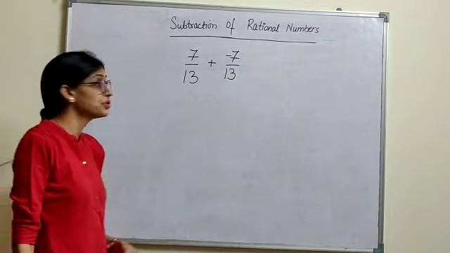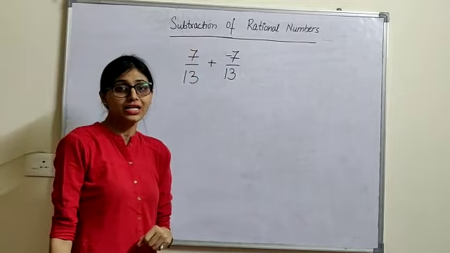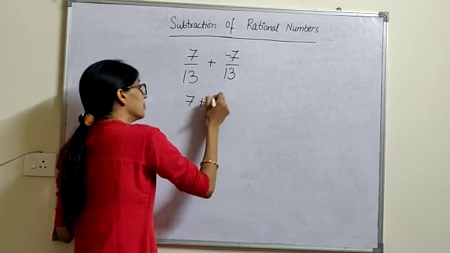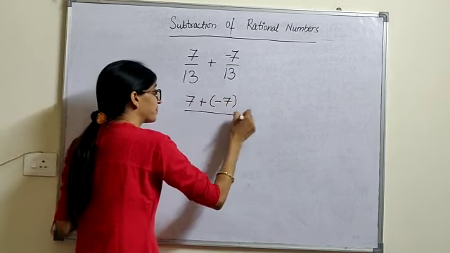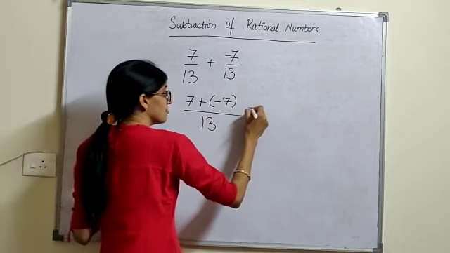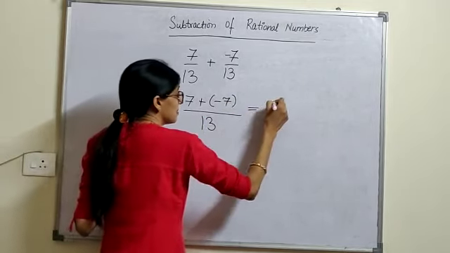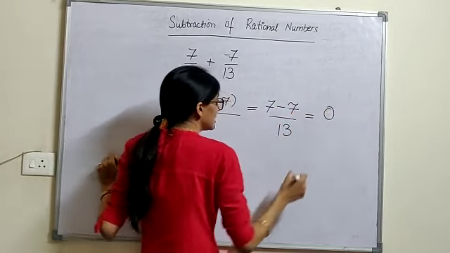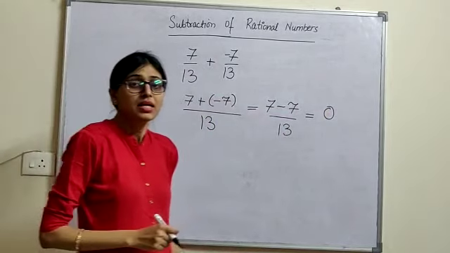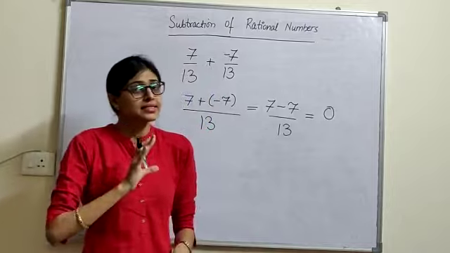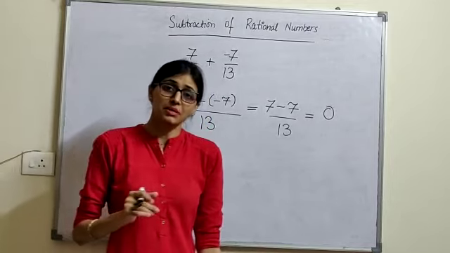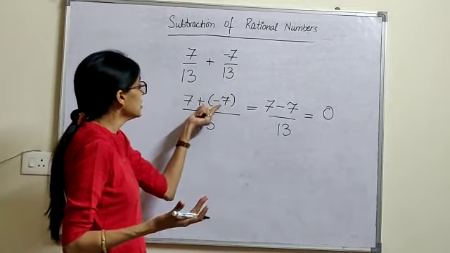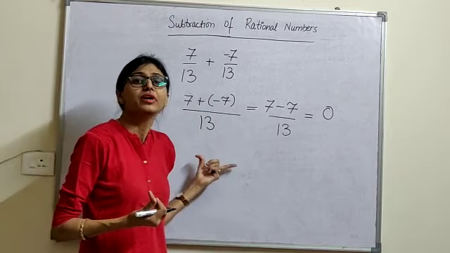Suppose this question is given to you and you have to subtract the rational numbers. So when the base is same, take the numerators as they are given upon 13 as the common base. Plus minus minus, 7 minus 7 is 0. So the answer is 0. Is that clear? In this way we will do the question. It is similar to addition of rational numbers. In that case we put the plus sign here, whatever the signs are given to you. Similar to this we can solve this type of questions.